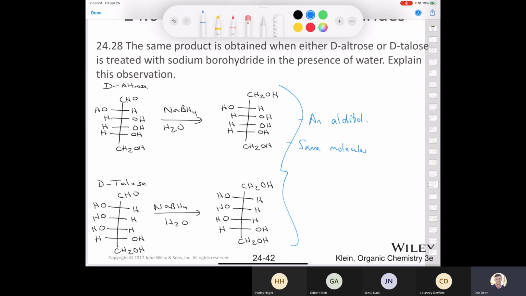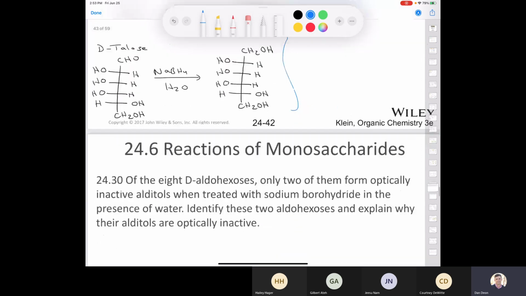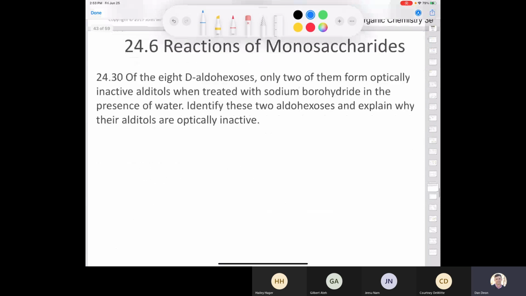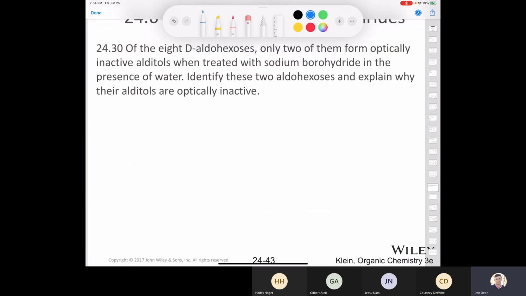Let's take a look. What else did I have planned here? Oh, a few more questions. It says here, of the 8 D-aldohexoses, only 2 of them form optically inactive alditols when treated with sodium borohydride in the presence of water. Let's see here.